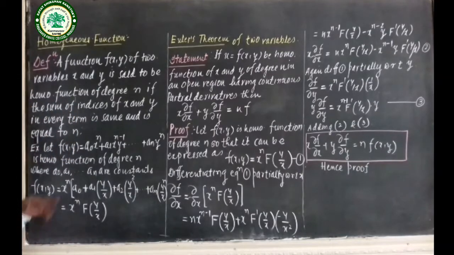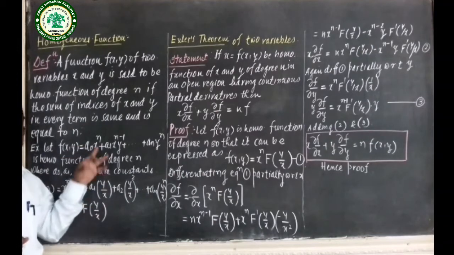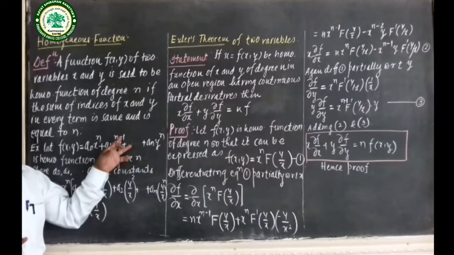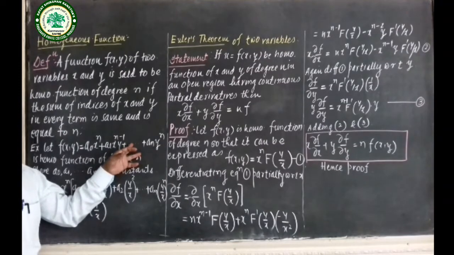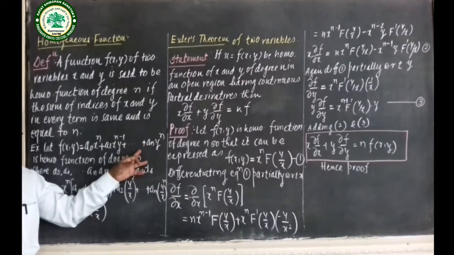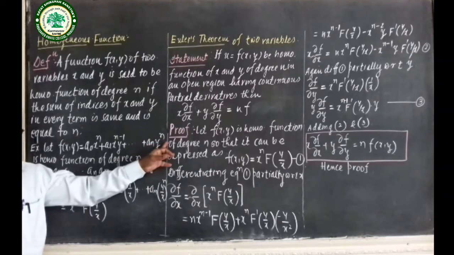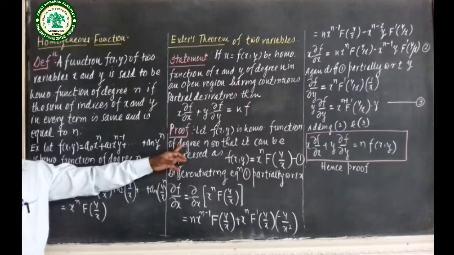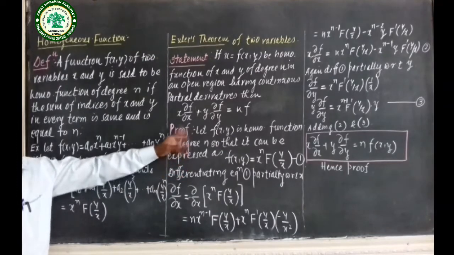For example, we are considering the polynomial f(x,y) equal to a0 x raised to n plus a1 x raised to n minus 1 into y plus a2 x raised to n minus 2 into y square, and continuing in this way, the last term will be plus an, x raised to 0 into y raised to n.